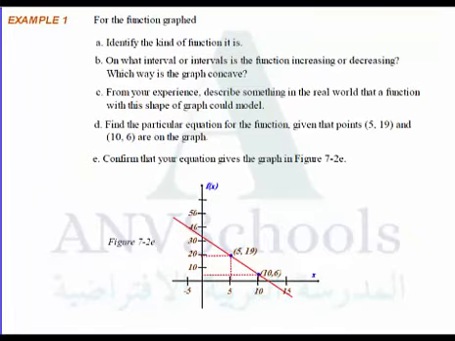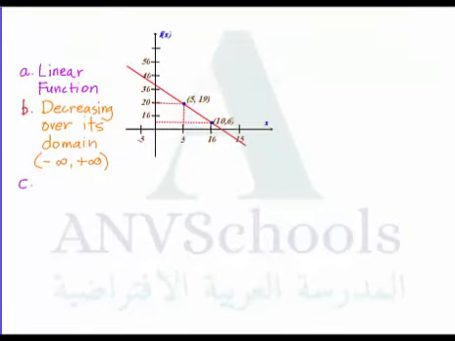Which way is the graph concave? You can see that there is no inflection or there is no curvature. It is entirely a line, and it doesn't have a graph that looks like this or looks like that. Therefore, our graph is not concave up or concave down. It does not have any concavity over its entire domain.